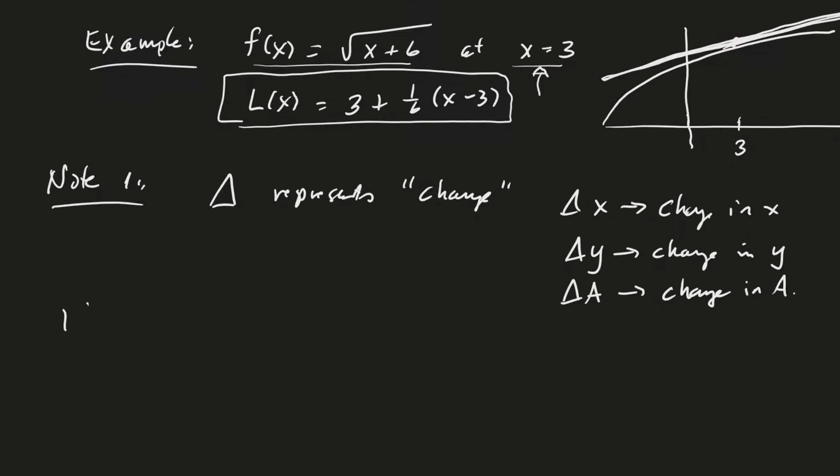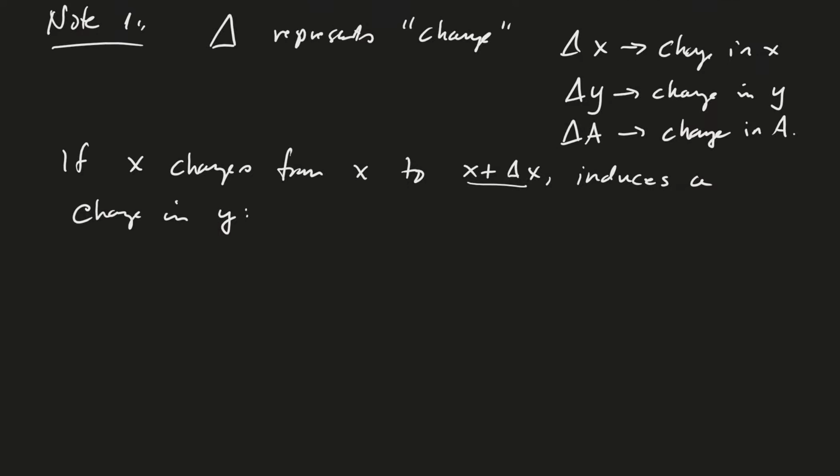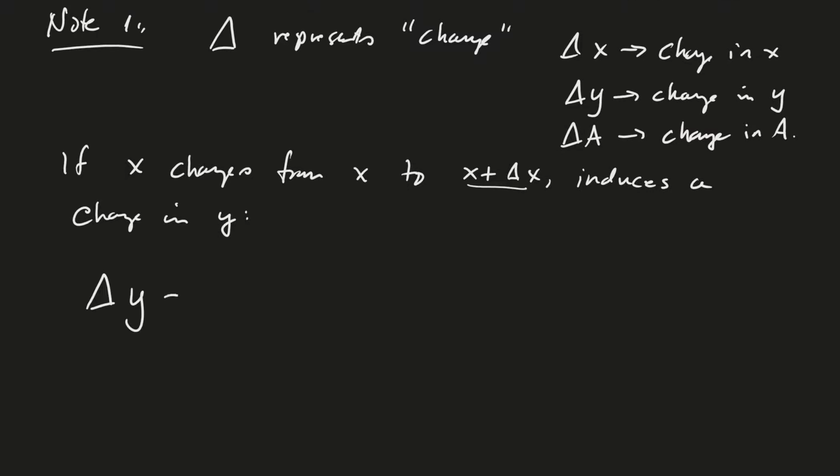Okay, so if x changes from x to x plus delta x, then x being the independent variable, that's going to induce a change in y, and that change in y is going to be the change in your function values.